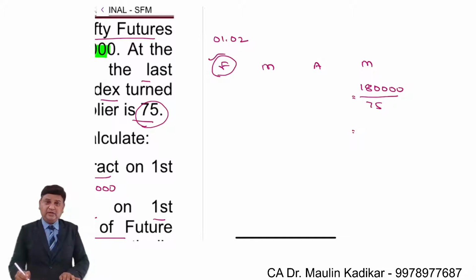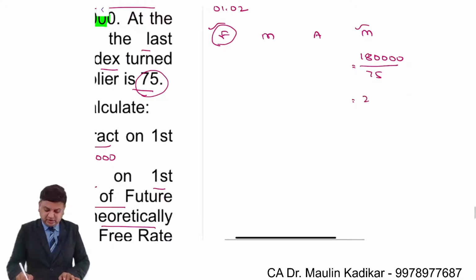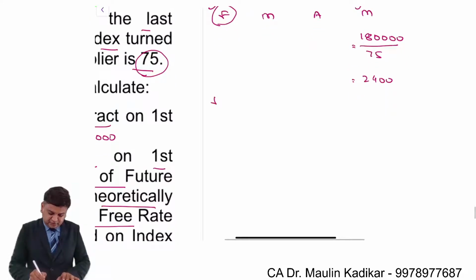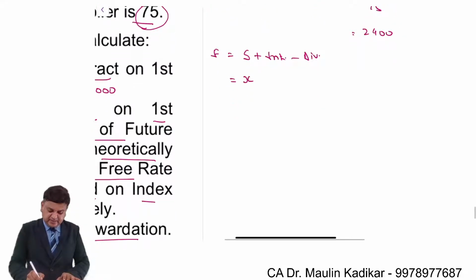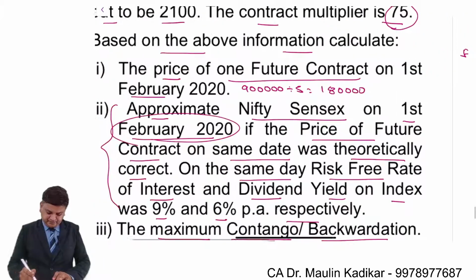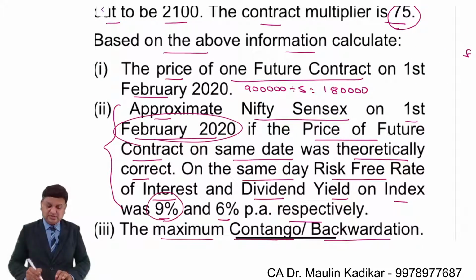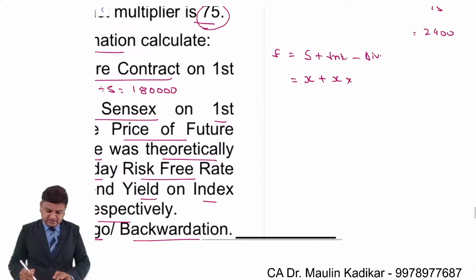On 1st of February, May futures was 2,400. Like that information is given. Futures price is equal to spot plus interest minus dividend. This is what we understand. So let us assume it to be x plus x into the rate of interest is 9% and the dividend yield is 6%.